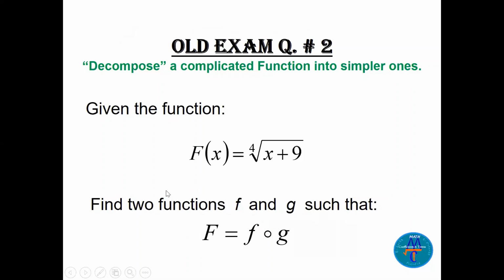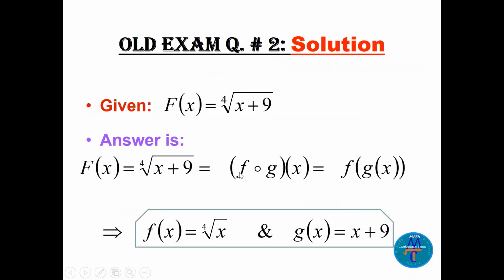Question number 2. We have a function capital F of x equal to the 4th root of x plus 9. Find two functions f and g such that f circle g will be the capital F. Easy. We know f circle g is f of g of x. So try to think of a function g.